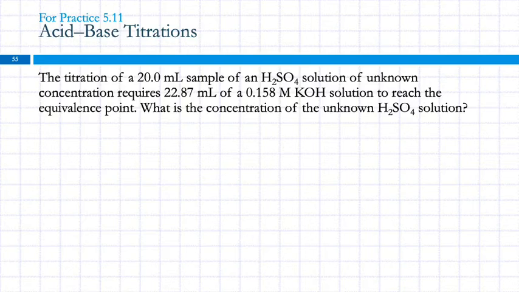So I've got KOH, and I've got H2SO4. So I'm going to write the equation for that first. So I have H2SO4 plus KOH. I did write it. See, I wrote it here.